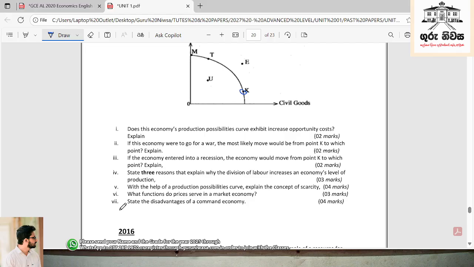Yes or no? Yes. How do you say that? Because the points move along the curve. No, it's not the point. How do you say that the PPC curve shows increasing opportunity cost?